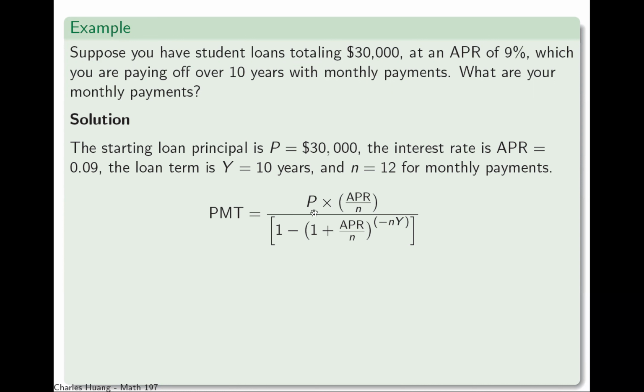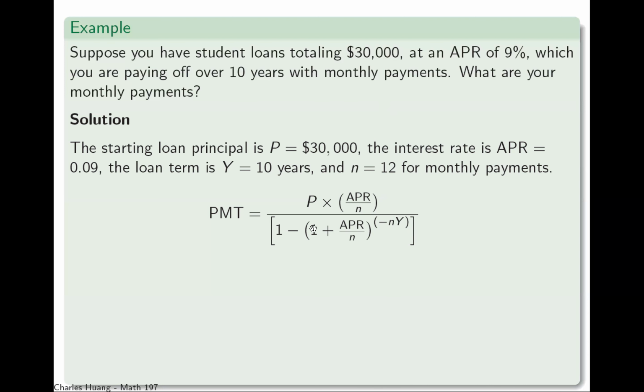That's the principal, the amount we borrow. APR is still the same. We change that to decimal form. We divide it by 100 to get 0.09. We're making monthly payments, so N is 12. The loan is paid off over 10 years, so Y is 10.